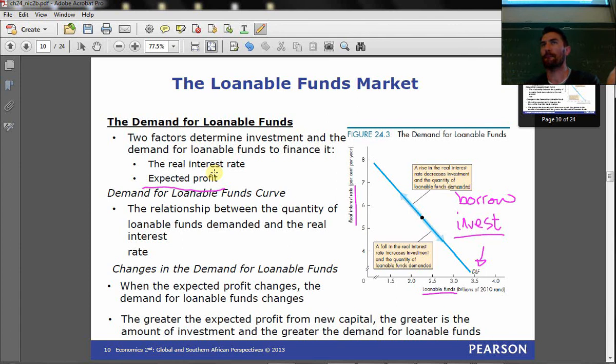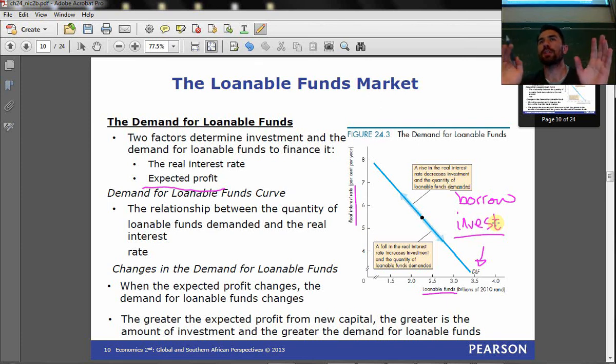We will need to pay for whatever we've borrowed. We need to pay the interest rate from that profit. So the higher the expected amount of profit, the higher the interest rate we can pay. Are you with me? Yes or no? Okay.